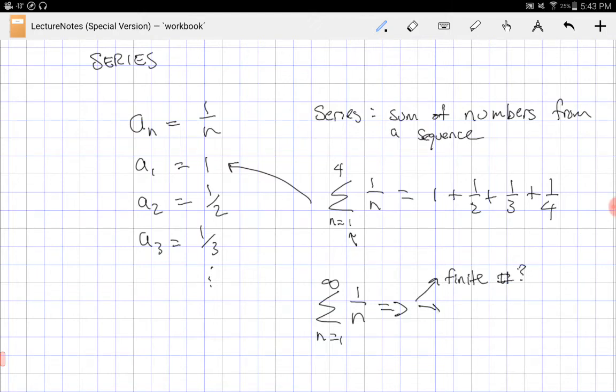Does it oscillate between two or more numbers? Or does it just continue to increase unbounded, so does it continue to increase infinitely?